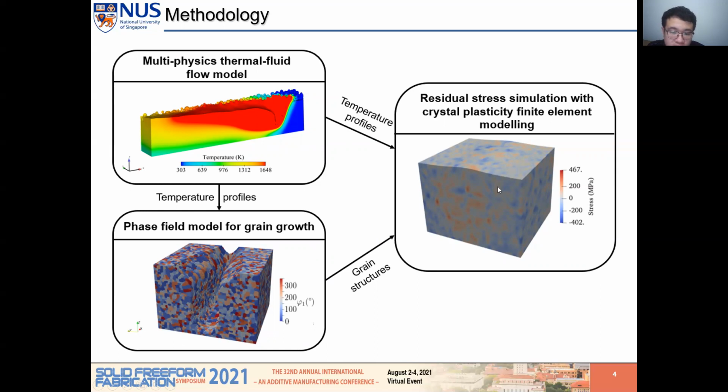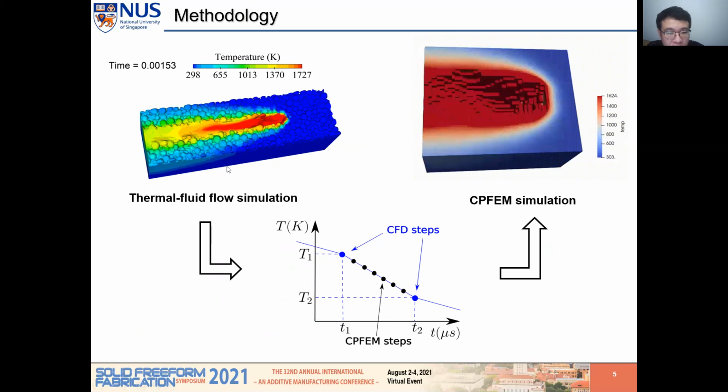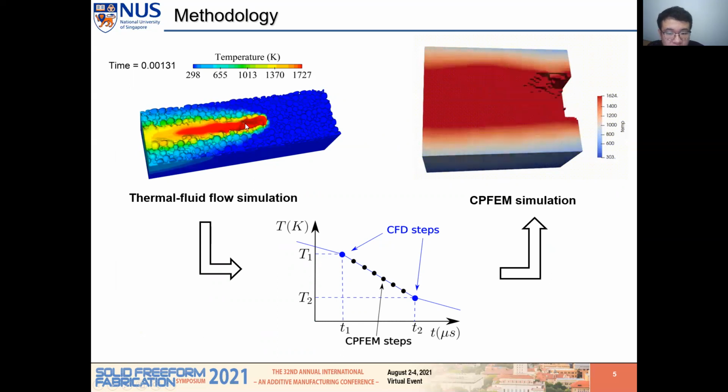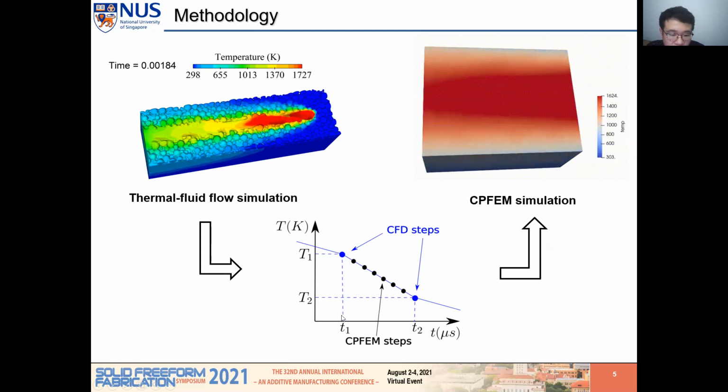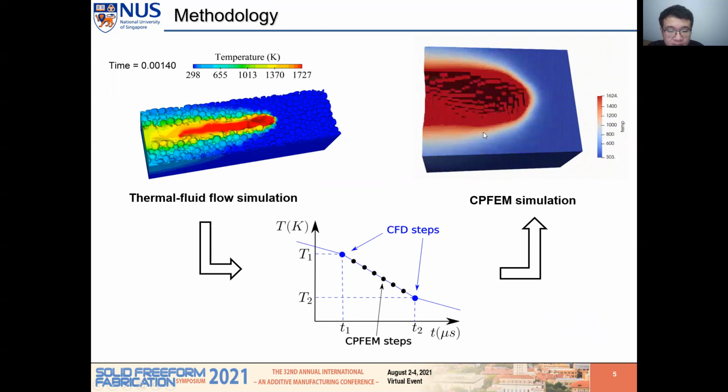So this shows how the temperature profiles transfer in our framework. After running the CFD simulation, we select the region around the molten pool as a representative domain and do the interpolation at the time scale of temperature. Then we import the data to the CPFEM model to reproduce the laser scanning. In this way, we can get the thermal stress in this domain.